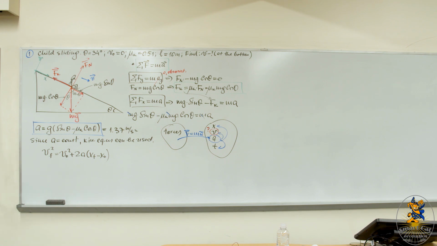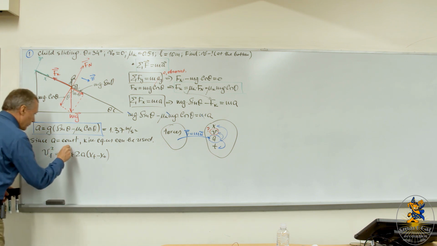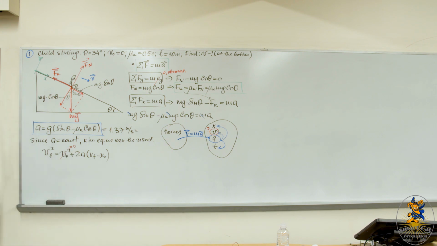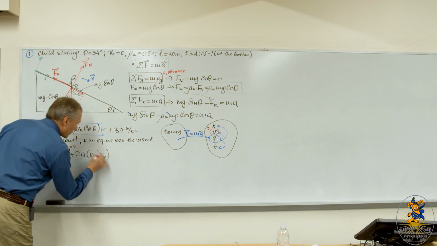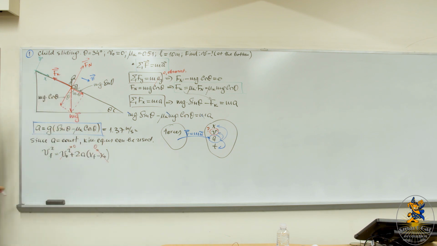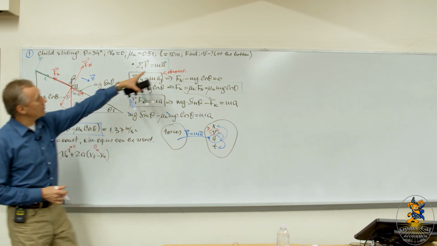Let's immediately simplify it. Initial velocity is 0. The child started with 0 velocity. Then initial coordinate x equals 0, because that's where I position the origin. I position the origin at the point where the child started sliding. So this is also 0. This is given, it's 10 meters. Right?